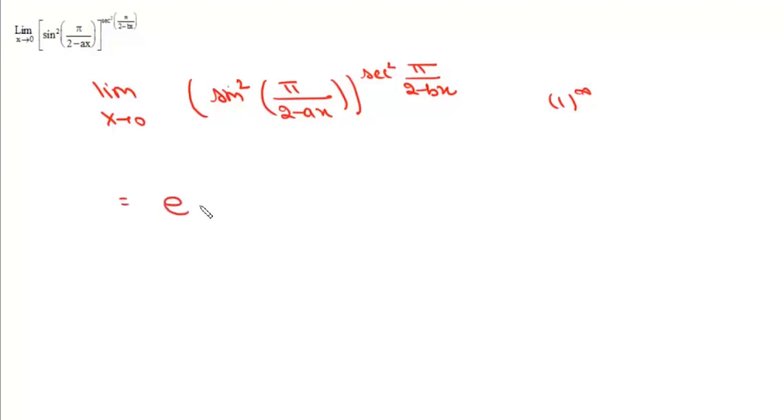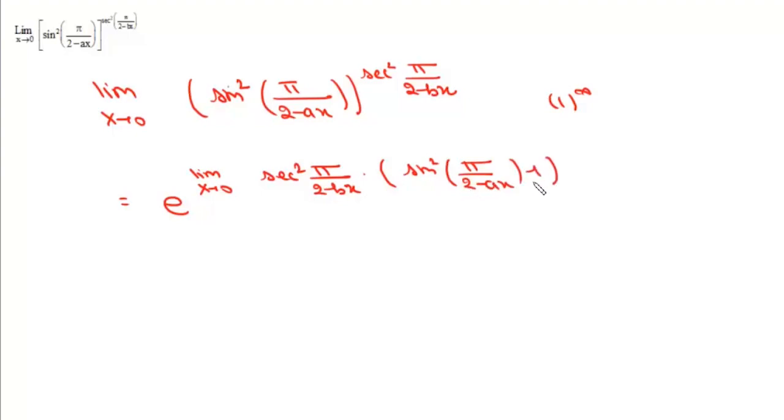We'll directly use the shortcut, so it will be this limit x tends to 0 and then it will be secant square of pi upon 2 minus bx into sine square of pi upon 2 minus ax minus 1.